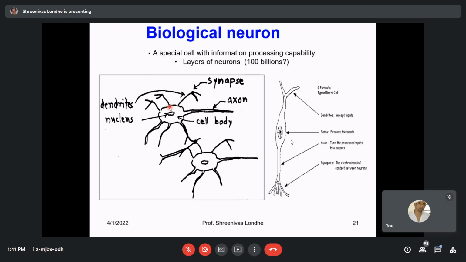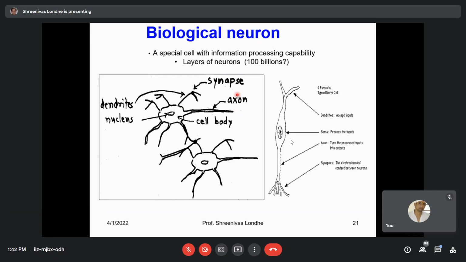When the threshold is achieved, the summation is greater than the threshold, and the signal fires. After that summation, that decision or signal is fired, and the information is processed again to the next neuron through this axon.